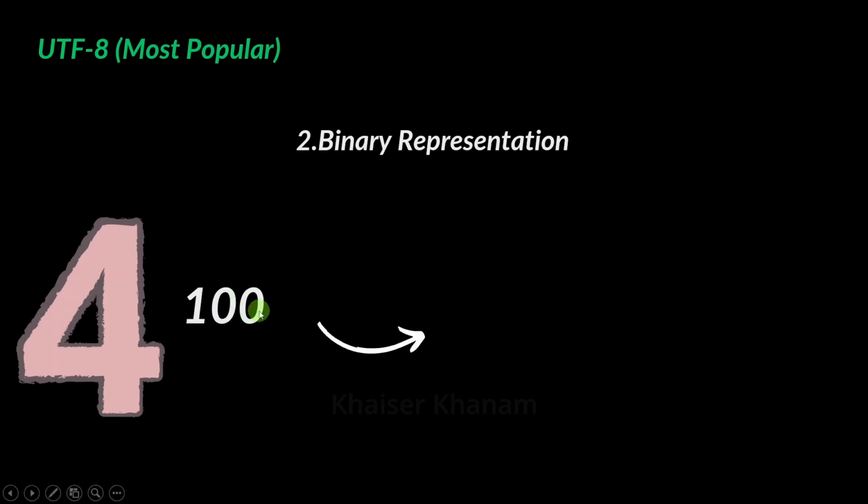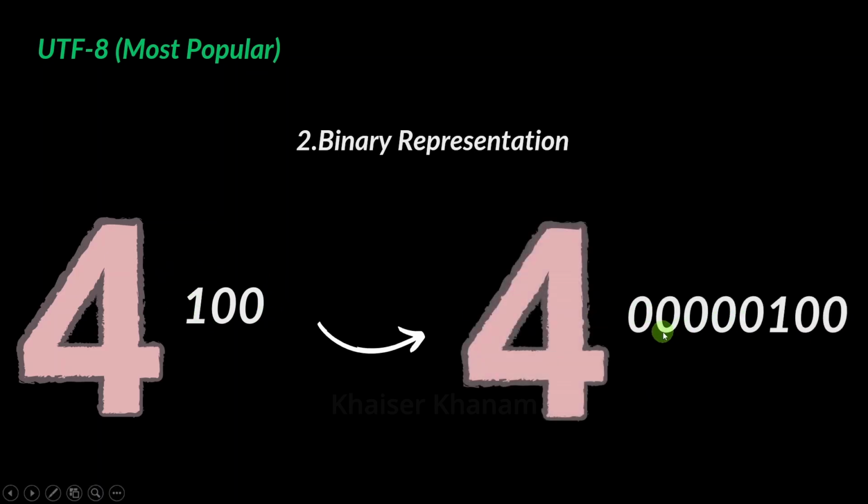Now to make this a complete 1 byte, we need 5 more bits. So before this, it will simply add 5 more zeros, and after that we will have this 100. This is how numbers will be represented. It is just going to make one complete byte, and this is how the binary representation will look for number 4.